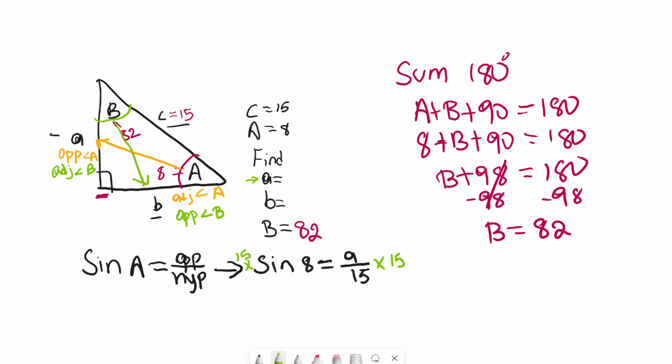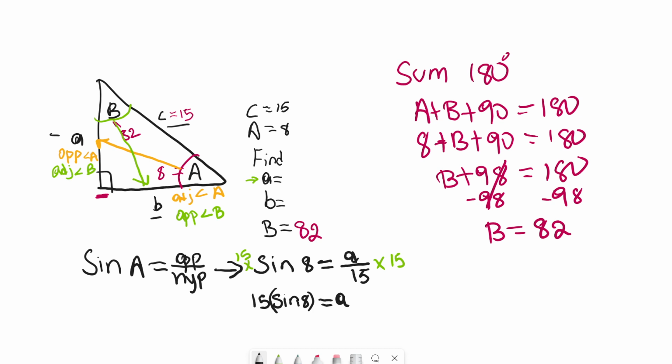So in other words, what I'll have here is 15 times sine of 8. And I'm going to put this in parentheses just so we know how to plug this in our calculator. Okay? And that's going to give us A. Now, you should be able to find sine on your calculator.